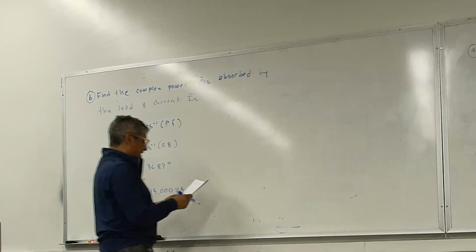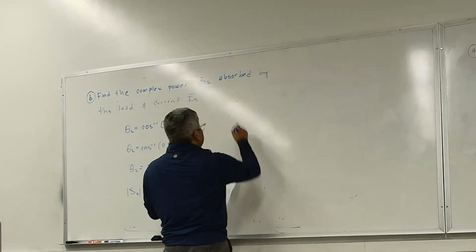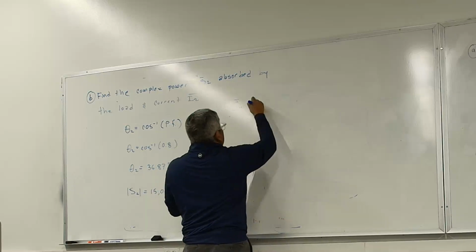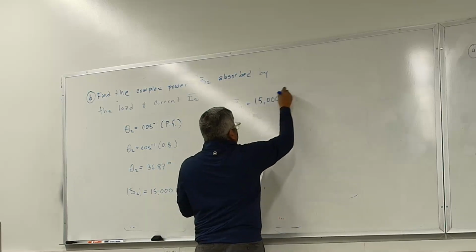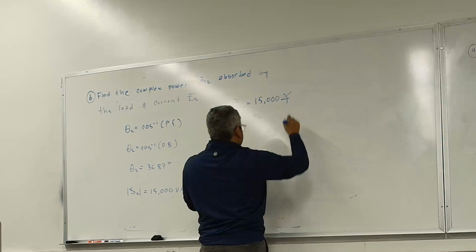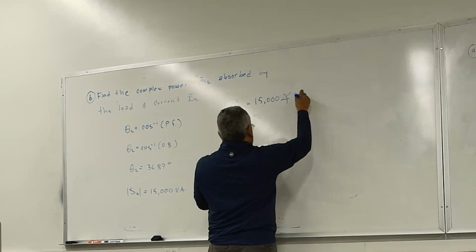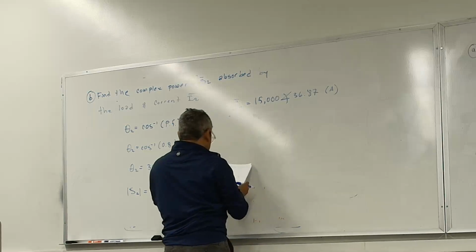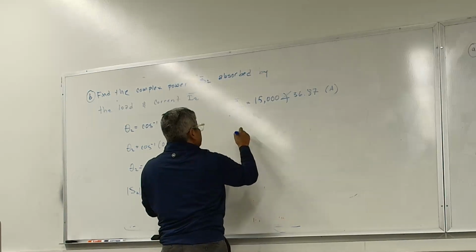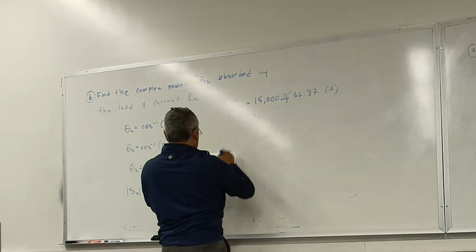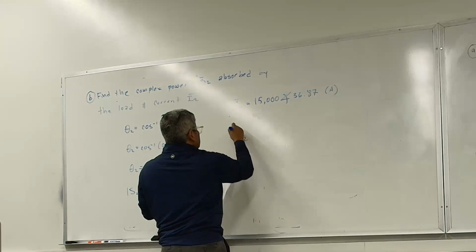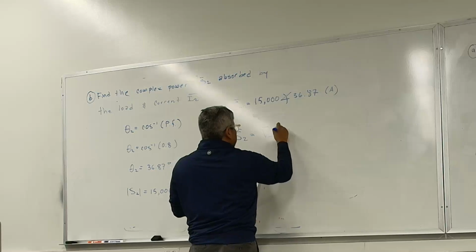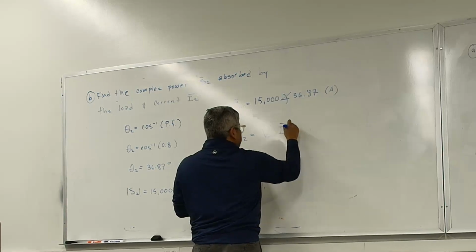So, if I have that, then I can say that S2 is equal to 15,000 volt amperes at an angle of 36.87. And again, it's lagging. So I can say then that S2 is equal to V2 times I2 conjugate.